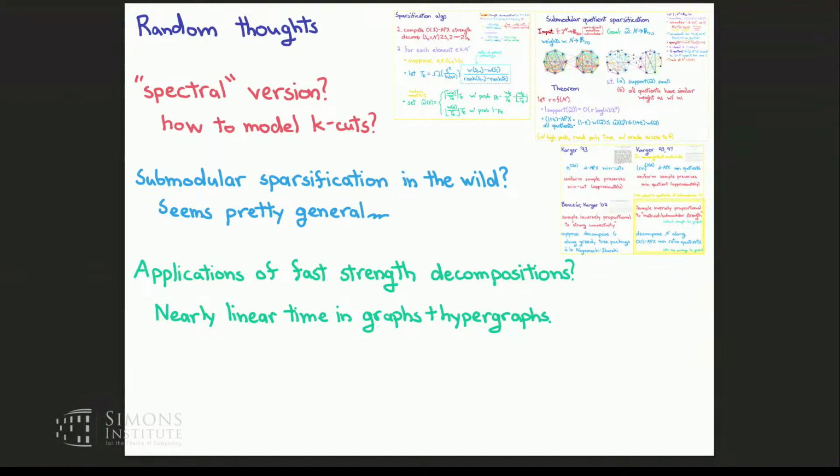There's some general theorem, some general sparsification. Maybe there are some fun opportunities out there, surprising things we can sparsify that we didn't think of. The examples I gave were just like, oh, what's submodular, and working through them and learning stuff. But maybe if we keep this in the back of our mind, we'll find something new. I didn't talk about this too much, but in order to do things fast in graphs and hypergraphs, we did certain decompositions of the graph and hypergraph very fast.